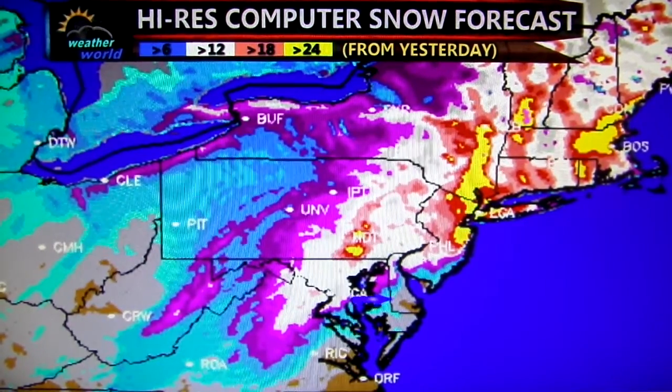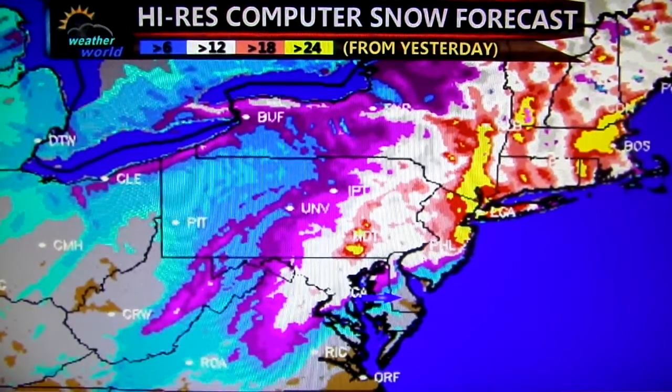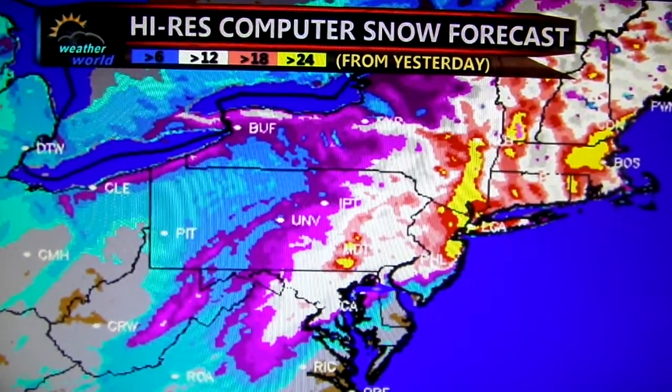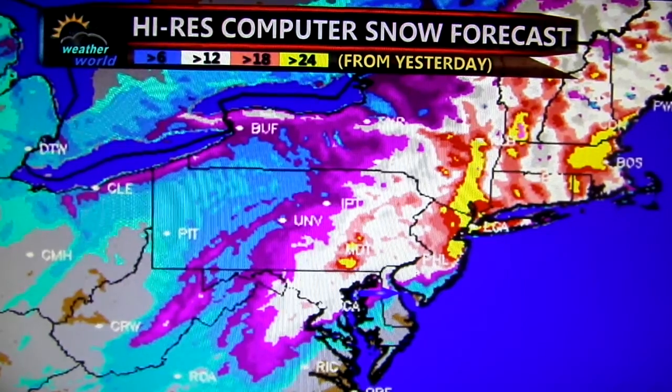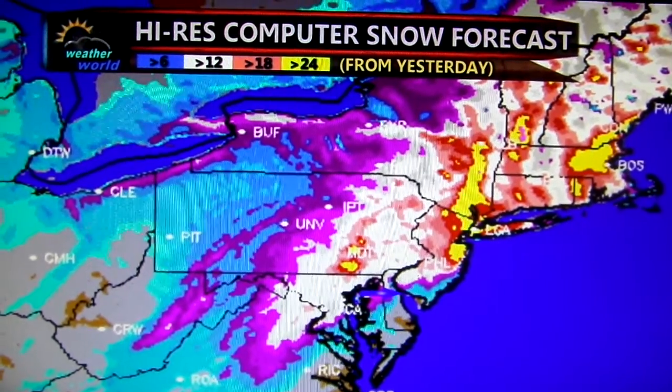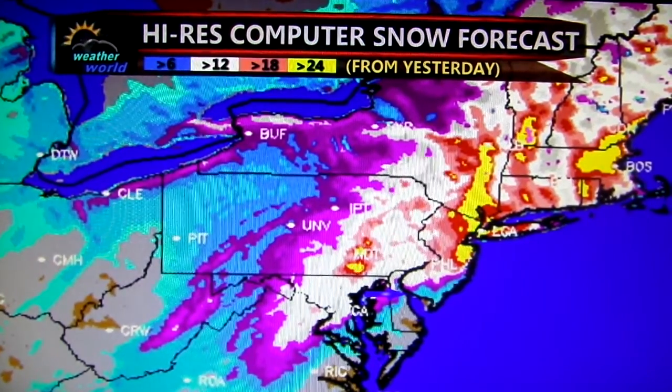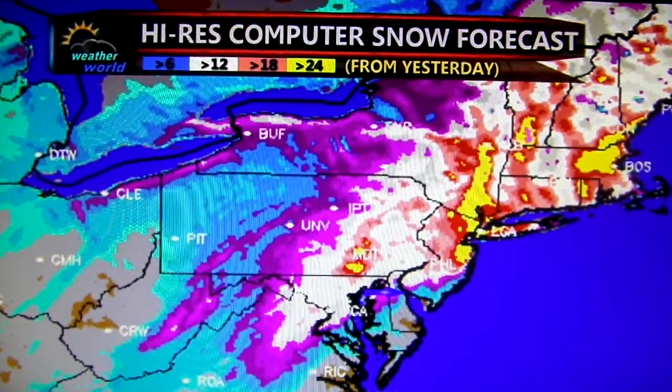Look at how quickly the colors change from hardly any snow down here to more than a foot of snow. If I'm anywhere near that, and that's probably not going to be exactly placed by any forecaster, human or computer, if I'm near one of those gradients, as we call them, then I have much less confidence in my forecast.